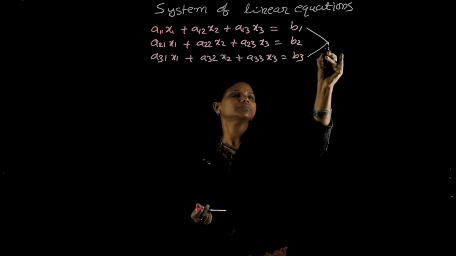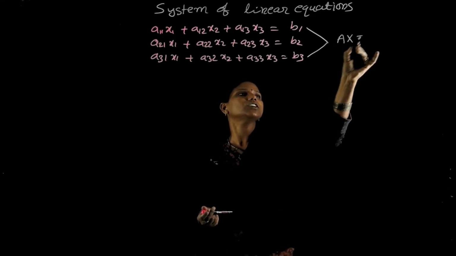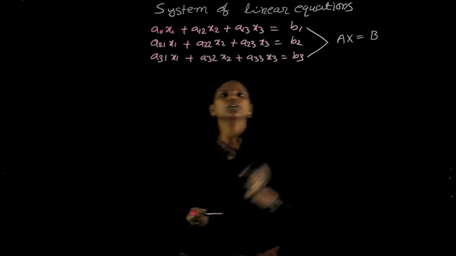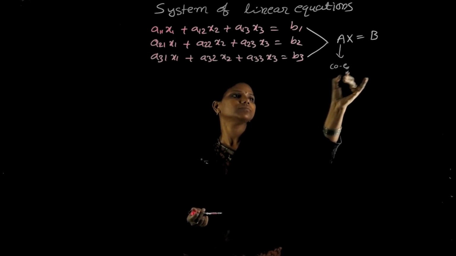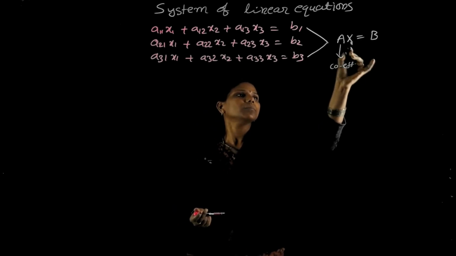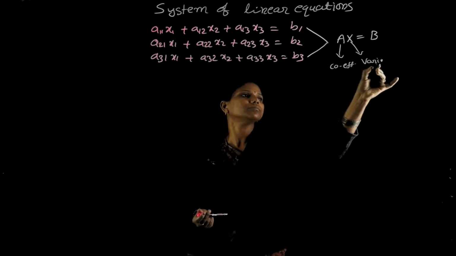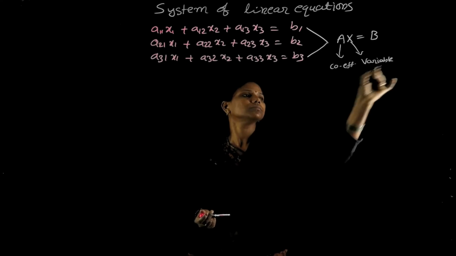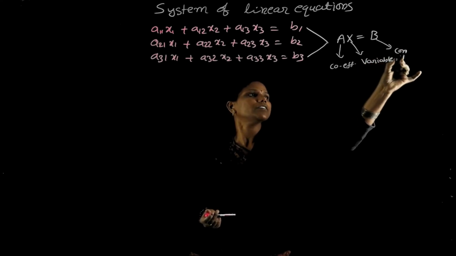How we convert? See, we can convert like this. Ax is equal to b form, whereas A is called coefficient matrix. X is called variable matrix. B is called constant matrix.